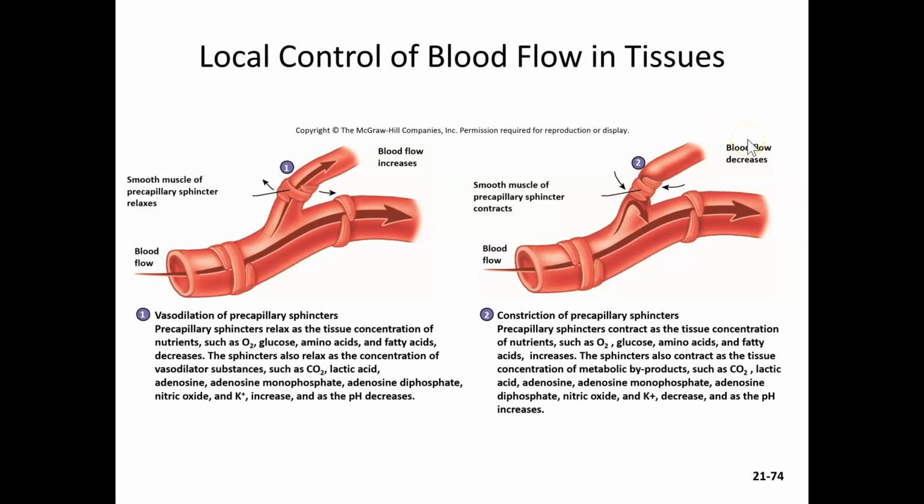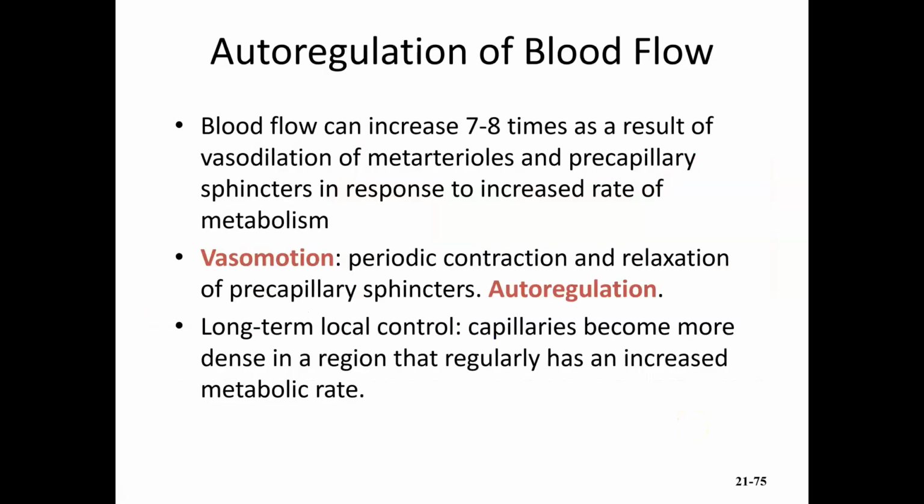Our sphincters here are also going to contract if we see that our tissue concentration of metabolic byproducts such as carbon dioxide, lactic acid, adenosine, and all of those other chemicals we discussed decrease, as the pH increases.